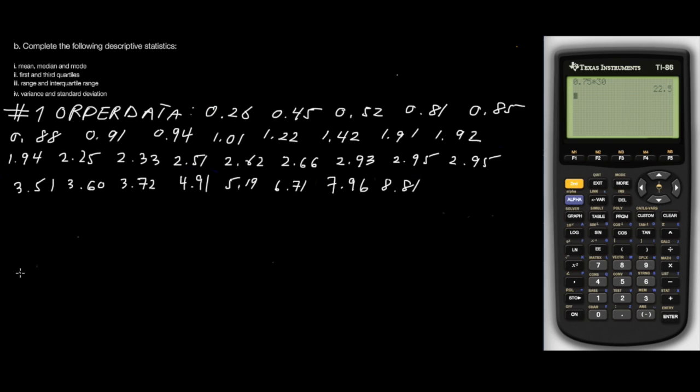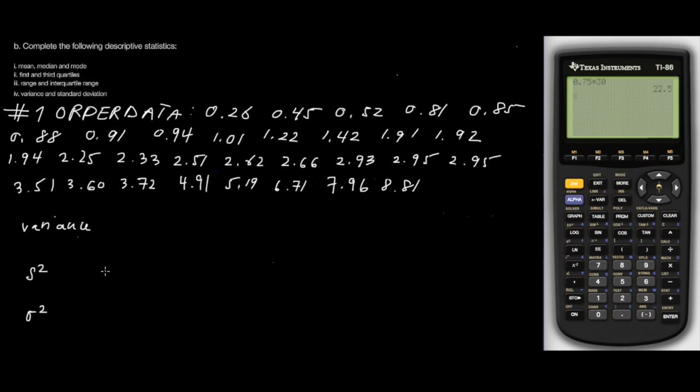And finally, we need to calculate the variance and the standard deviation. So let's start with the variance, from which we will easily be able to deduce the standard deviation. Now the formula for the variance is as follows. Okay. Now the reason why I'm writing s squared and not sigma squared is because this is a sample.